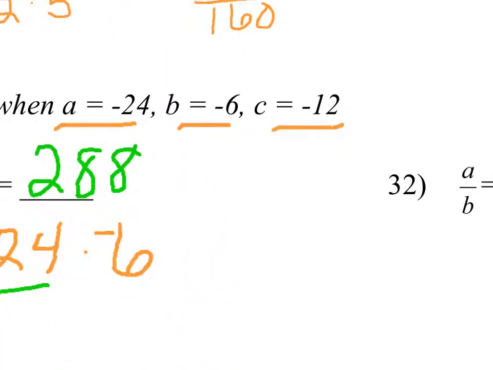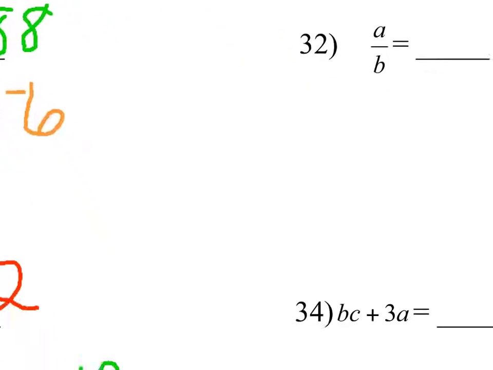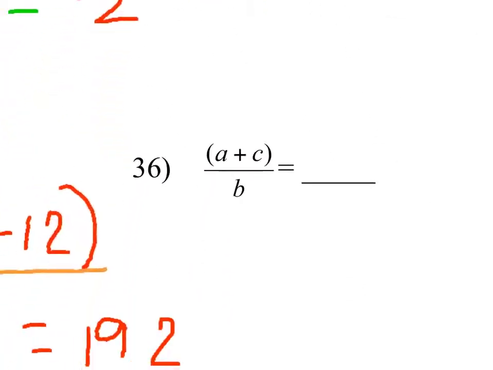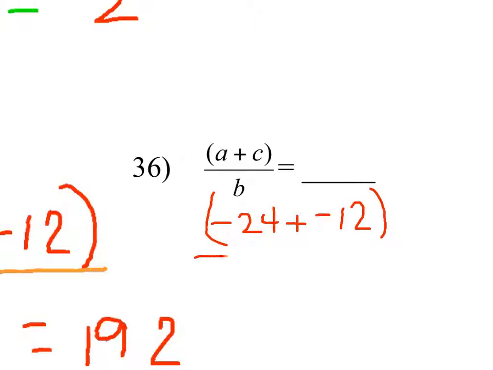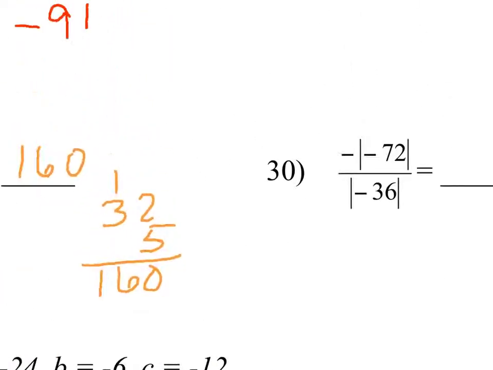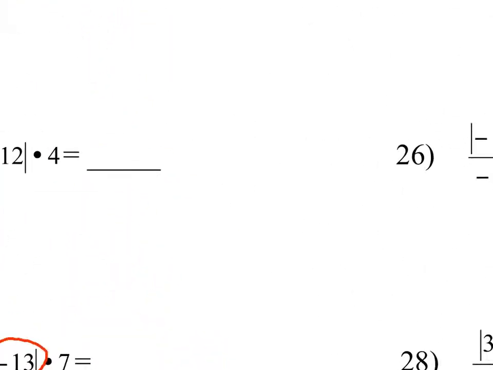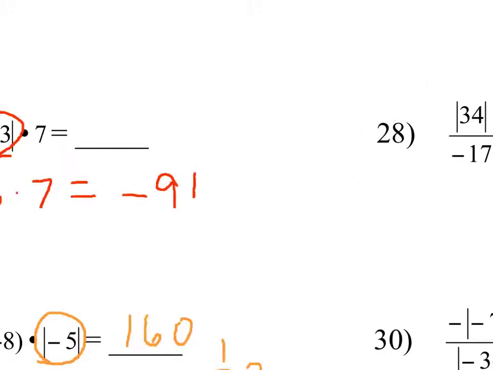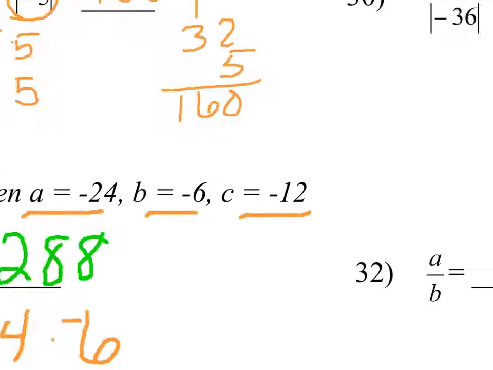A plus C is negative 24 plus negative 12, in the numerator, divided by the denominator. Let's see, where did my denominator go? Oops, I've gone too far. B is negative 6.